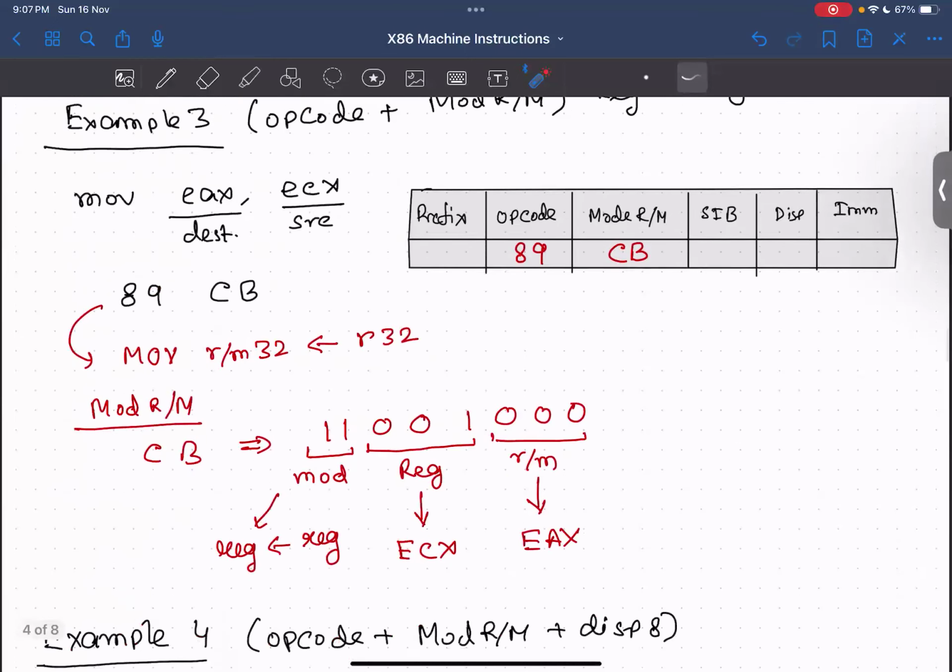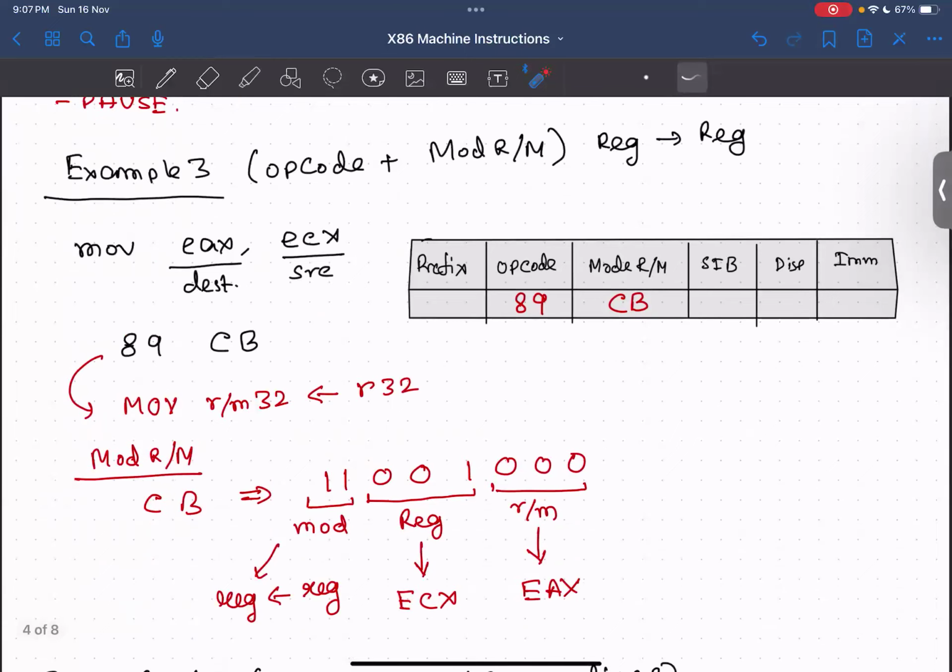Now let's look at a bit more complex example where we can utilize opcode and ModRM, and more specifically it is a register direct instruction. For example, the instruction can be mov EAX, ECX. If you remember, this is Intel syntax, so the first one is the destination operand and the second one is the source operand.